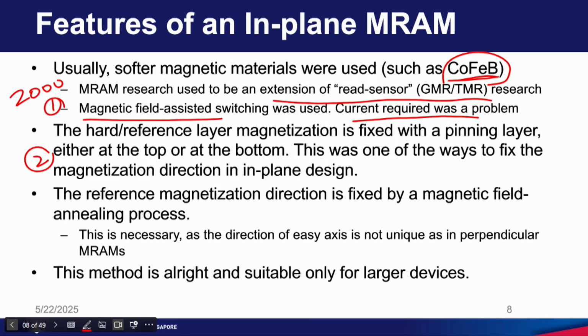The third point, yes, we use exchange bias. I gave you this recipe. We use a magnetic field and anneal the ferromagnetic antiferromagnetic stack. So, this induces one easy direction. So, this is the third step.